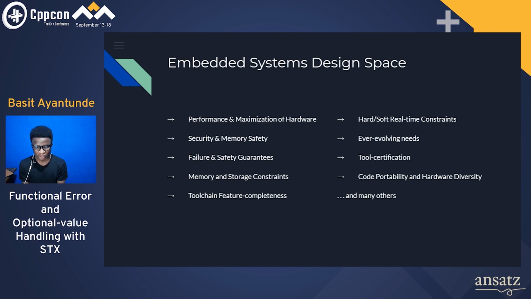Another one is we try to have strong failure and safety guarantees unlike normal systems. And we have very, very small memory and storage constraints. You can have embedded devices with like 34 kilobytes of RAM, and basically, it's very, very small amounts of RAM, 128 kilobytes, etc. So you have to pay close attention to your code and what features and facilities you pull in.